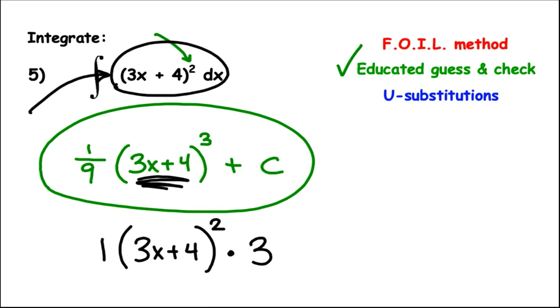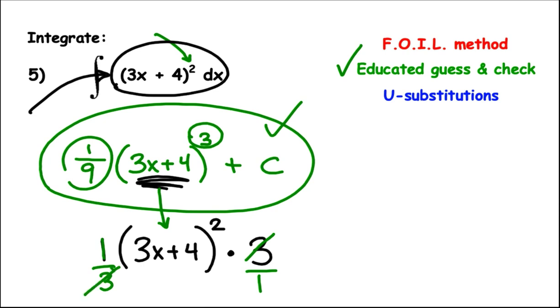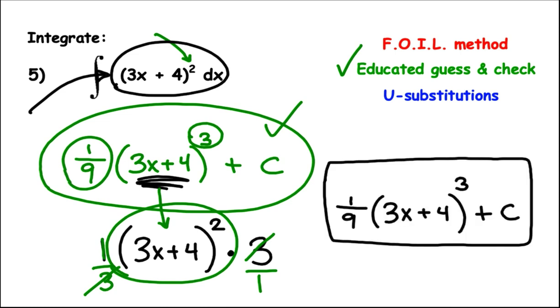See, now it is a correct answer. Because when I go to check it, 3 times 1/9 would be 1/3 out front. Stuff to the second. Now I welcome the chain rule because the 3's will cancel, and this does match the original problem. So my answer actually has a 1/9 in front. So it's 1/9 quantity (3x plus 4) to the third power plus c.